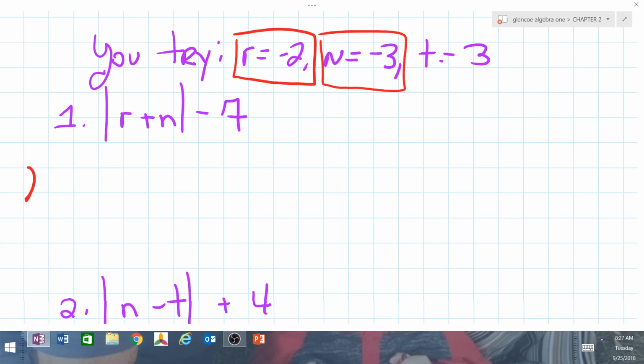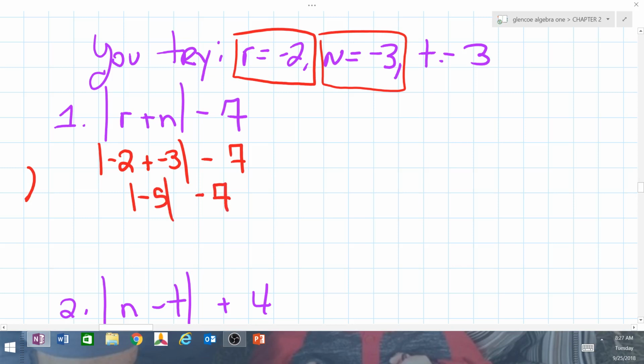I'll work it out while you're working it out, and let's see if we all get the same answer. You may do number 2 as well.